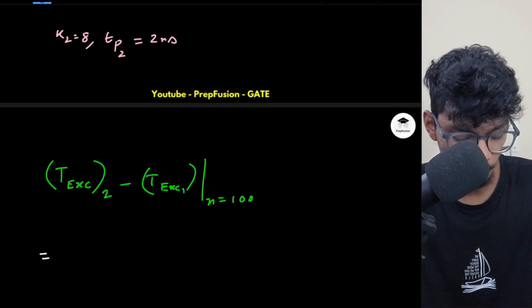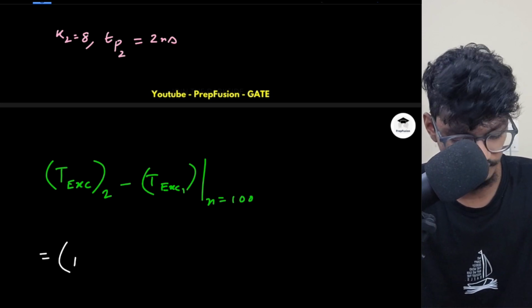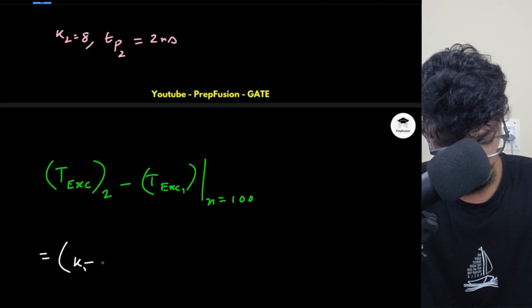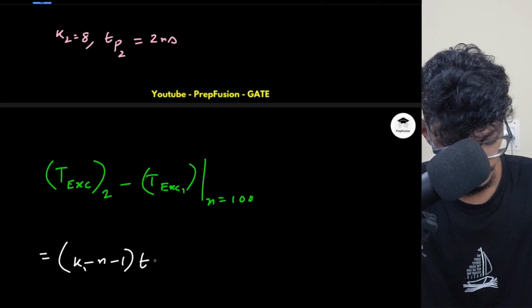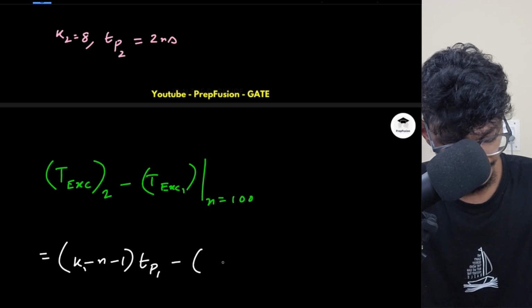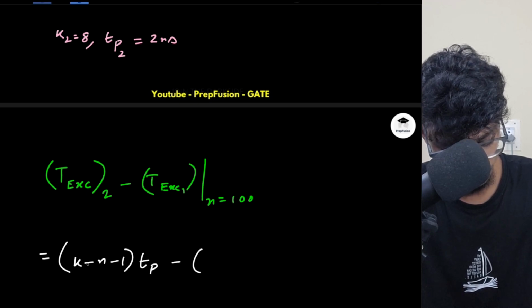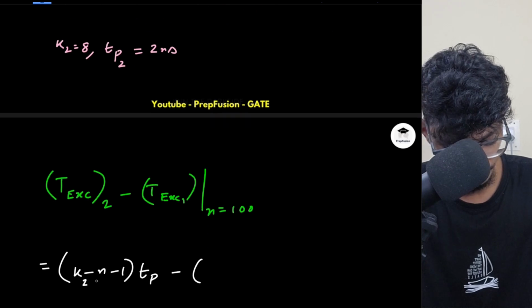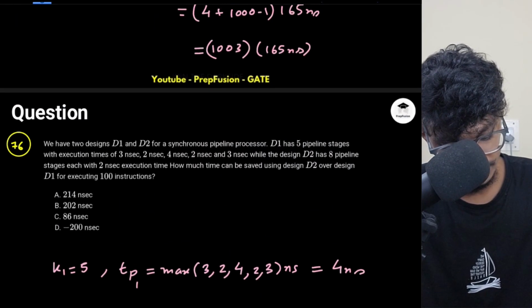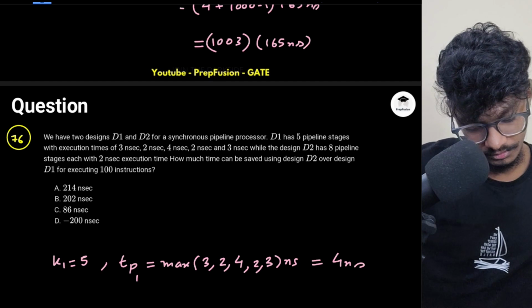So the formula is the same, right? It is like the first instruction, K1 plus n minus 1 into TP1, minus, okay, this should actually be 2, sorry. How much time am I saving? How much time can we save?